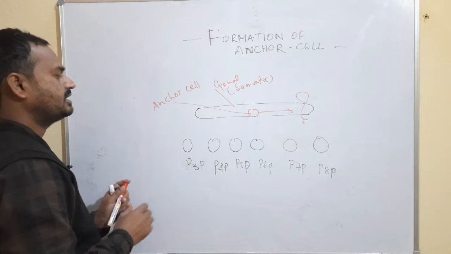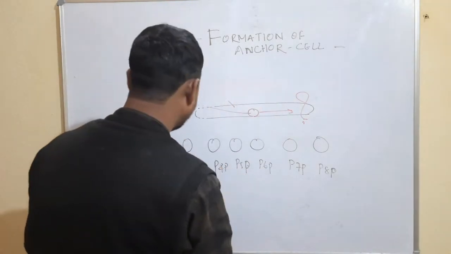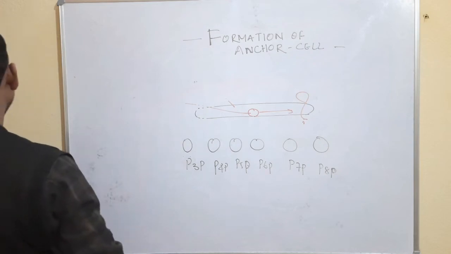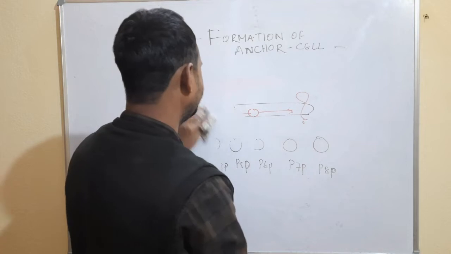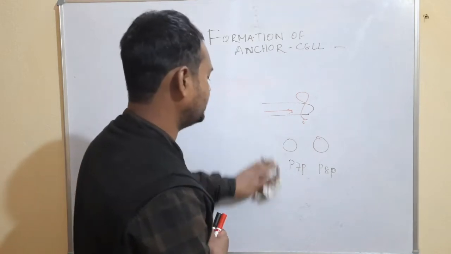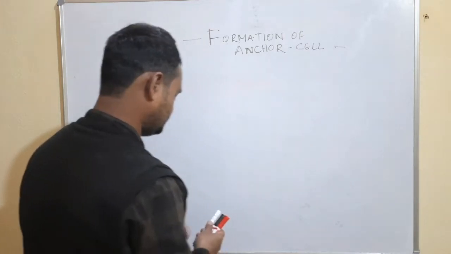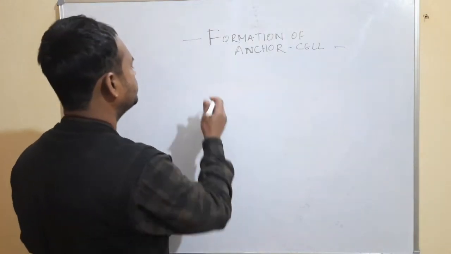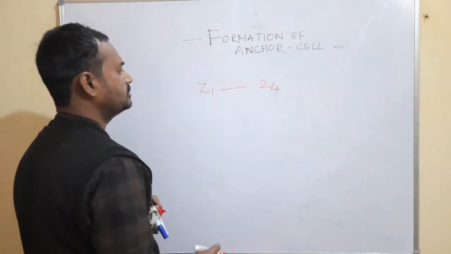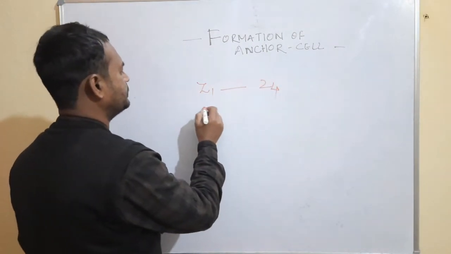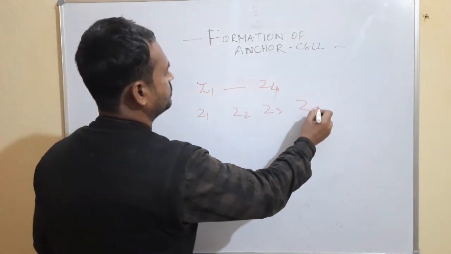So let us understand, during the course of development, in the larval stage of C. elegans, there were 4 cells, from Z1 to Z4: Z1, Z2, Z3 and Z4.